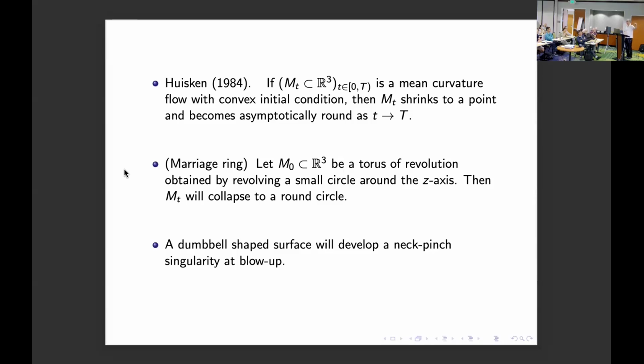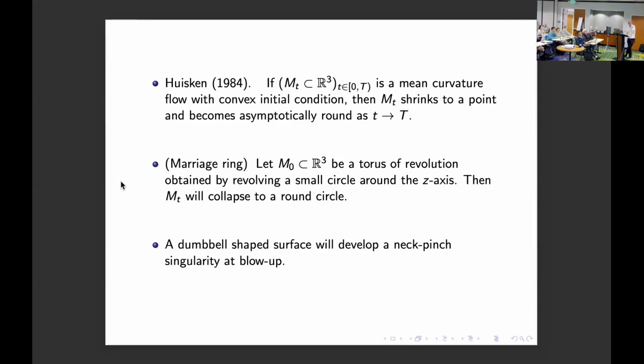One will be large and will kind of point inward, and the other will be moderate. The sum is going to be the mean curvature, which will be large, pointing inward, and that will make this torus of revolution shrink. It remains a surface of revolution, so one can show that in this case, this thin torus of revolution will evolve and collapse to a circle.